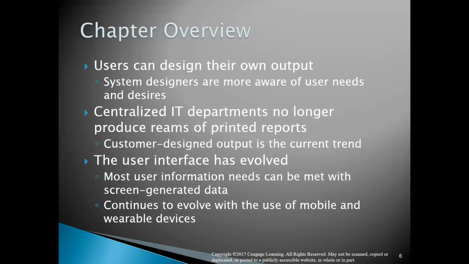Okay, users can design their own output. System designers are more aware of user needs and desires. So what happens is users can design their own output. Now over here, what we're talking about is bringing in the users as the centered element.